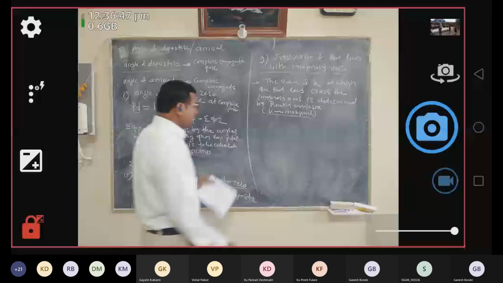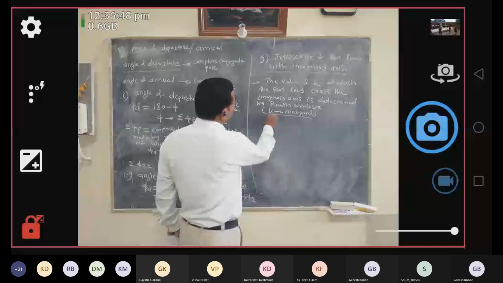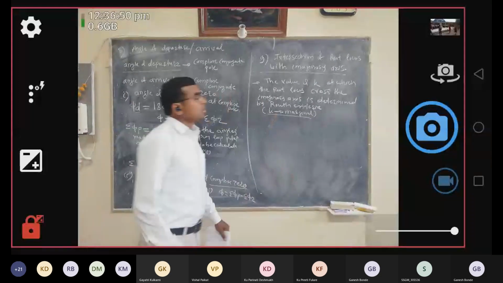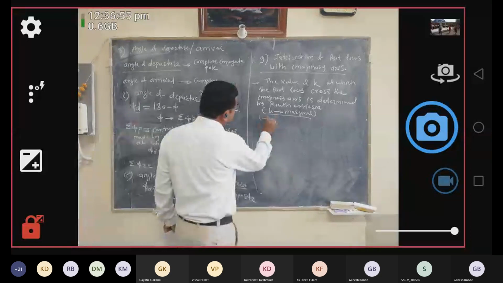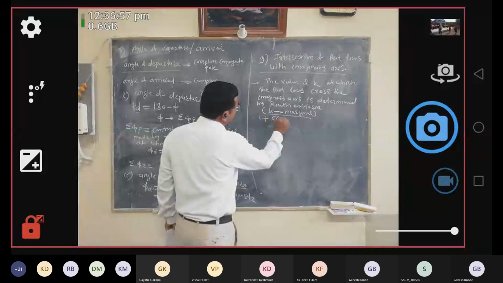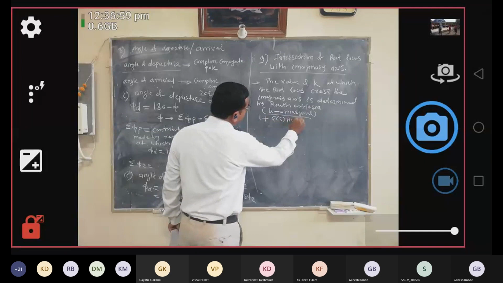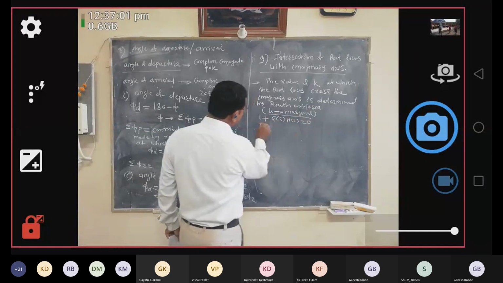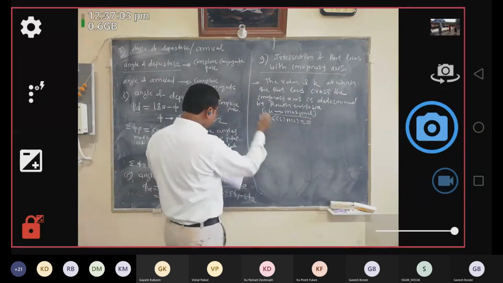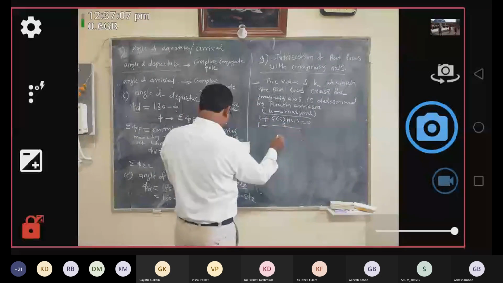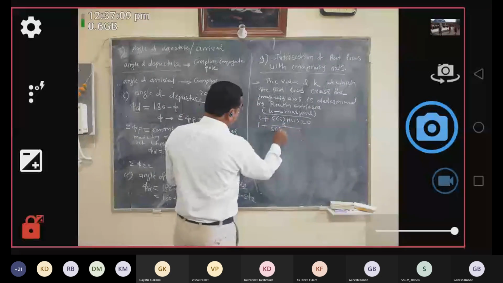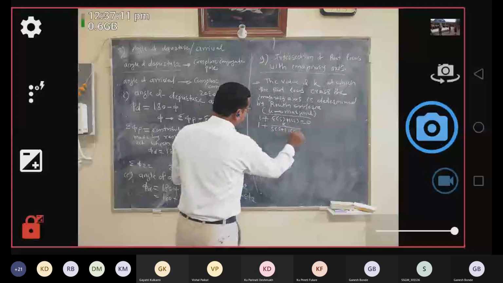Then how to determine it? Here we are going to apply the Routh criteria. Just take a similar example. We have the characteristic equation 1 plus G(s)H(s) equal to 0. Let's say G(s)H(s) is what we considered previously: k upon s into (s plus 1) into (s plus 4), which is equal to 0.